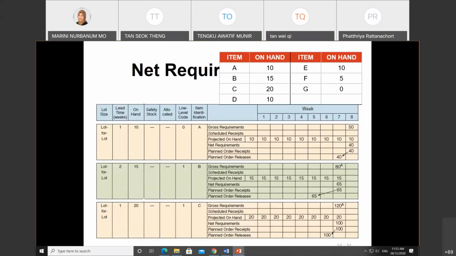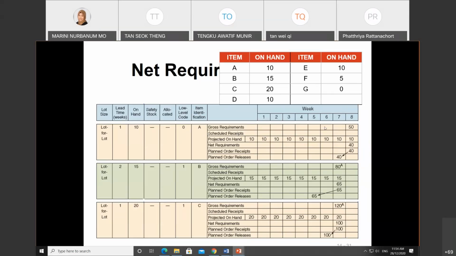So you have B 15, C 20, D 10, E 10, F 5, G 0. This is what the net requirement plan looks like. We have more rows for each product. So the labels we have A, B, C in this slide.